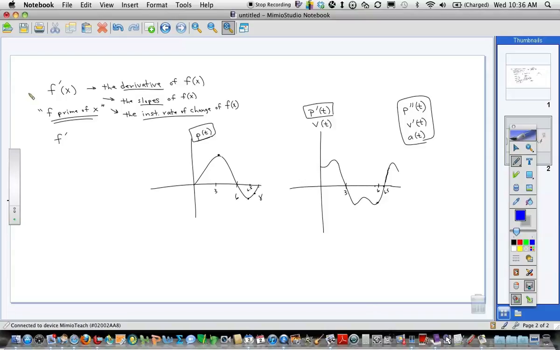Because right here on this graph, that's the velocity, right? Is that increasing? That's increasing, right? It's going up. The velocity graph is increasing. So right in this area right here, we say the velocity graph is increasing. Now what are those velocities doing? They're negative and getting less negative.